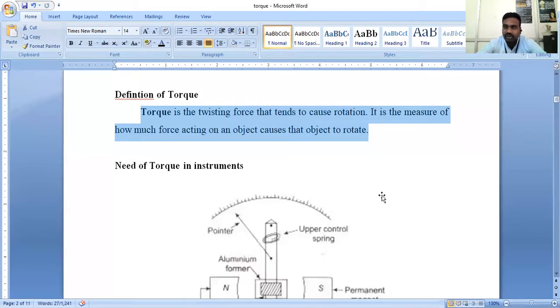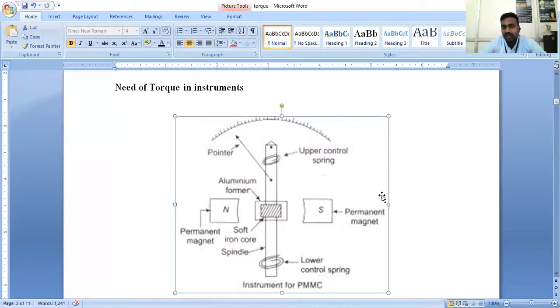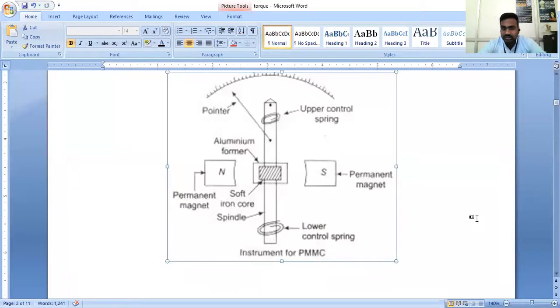So how is this torque produced? According to Faraday's law, whenever a current carrying conductor is placed in the presence of a magnetic field, it will experience a certain amount of force. This vertical conductor is the current carrying conductor, placed in the presence of these two magnetic fields. I have shared the screen, it's visible, I think. Right.